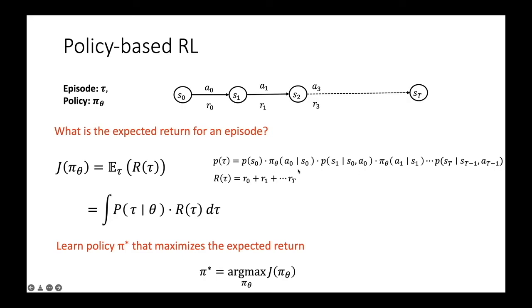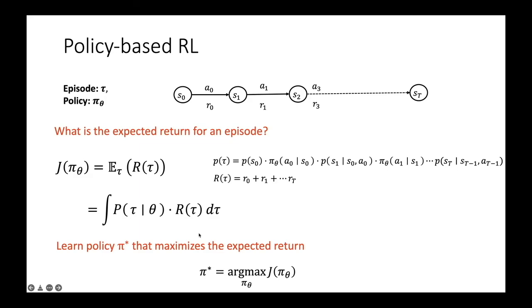One term is what we control, corresponding to the actions taken in each state, and then there is a term contributed by the environment. The product of all these terms is the probability of observing an episode.